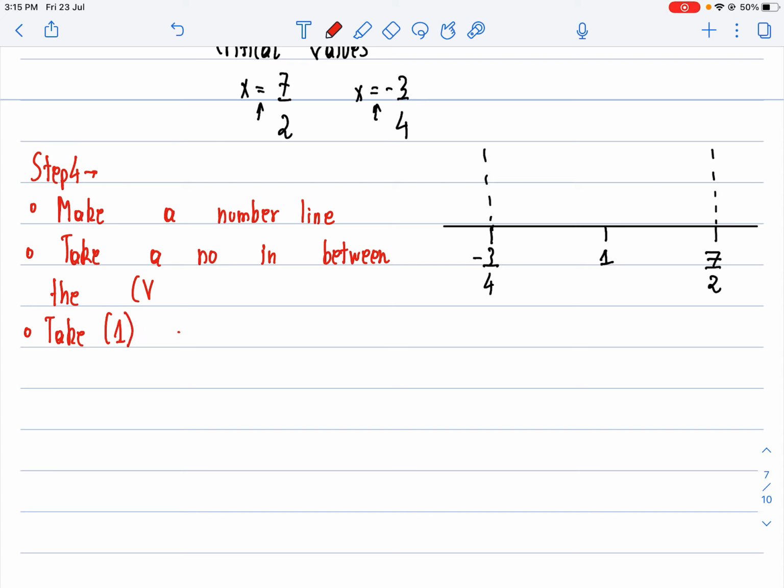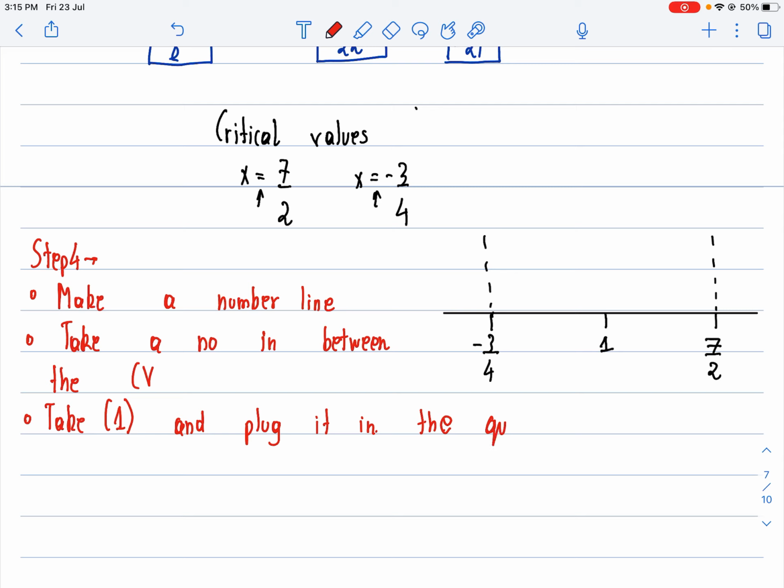Take 1 and plug it into the quadratic equation.